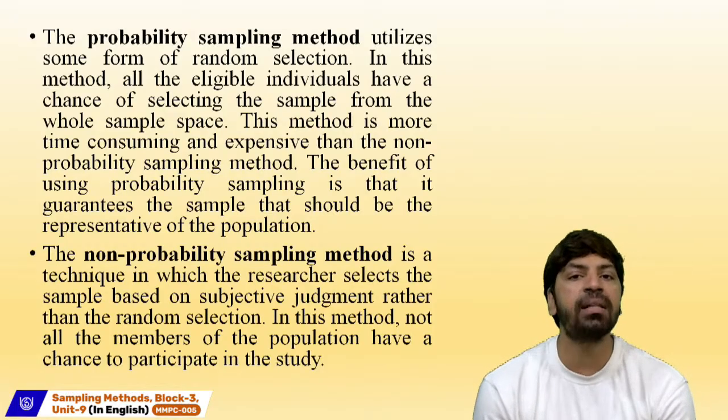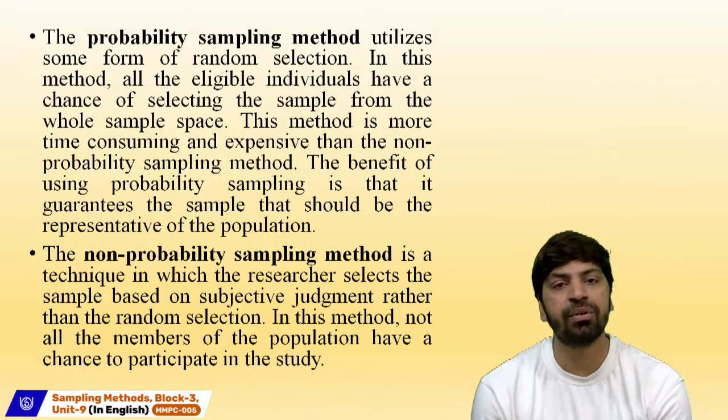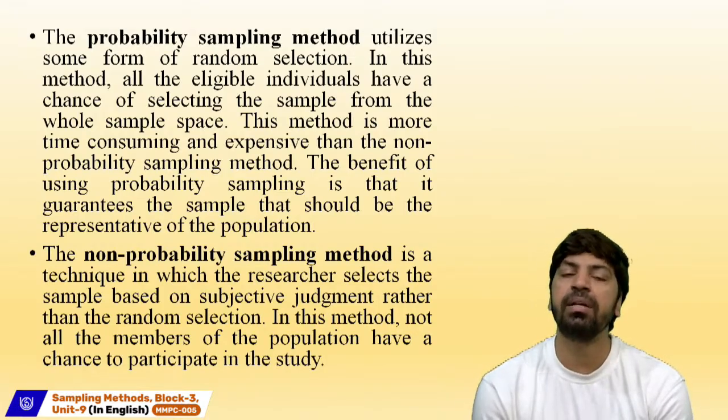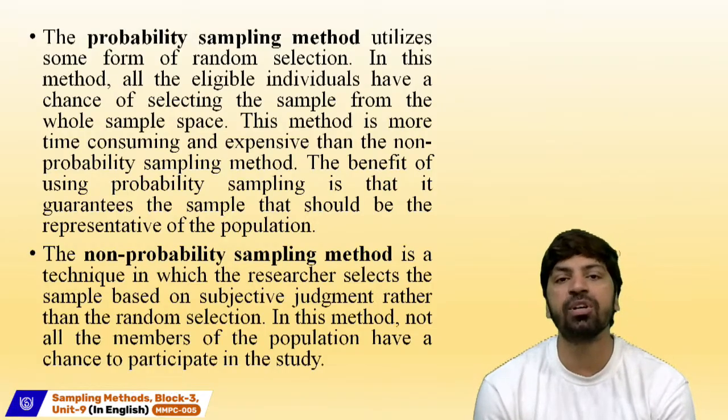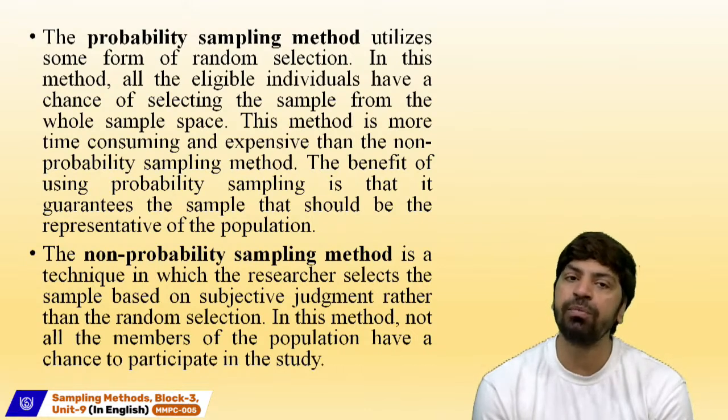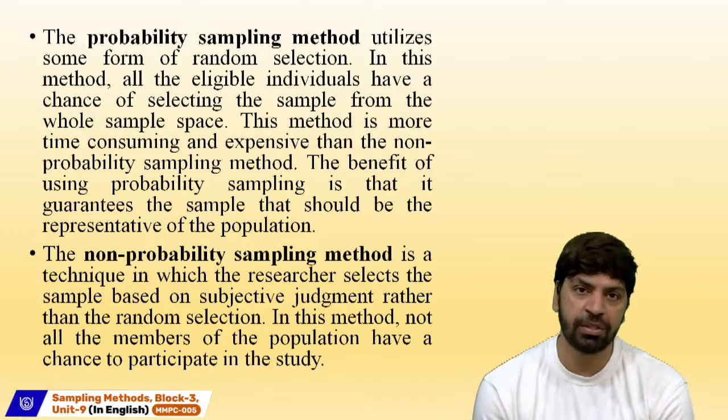This method is more time consuming and expensive than the non-probability sampling method. The main advantage of this method is that it guarantees the sample is representative of the whole population.